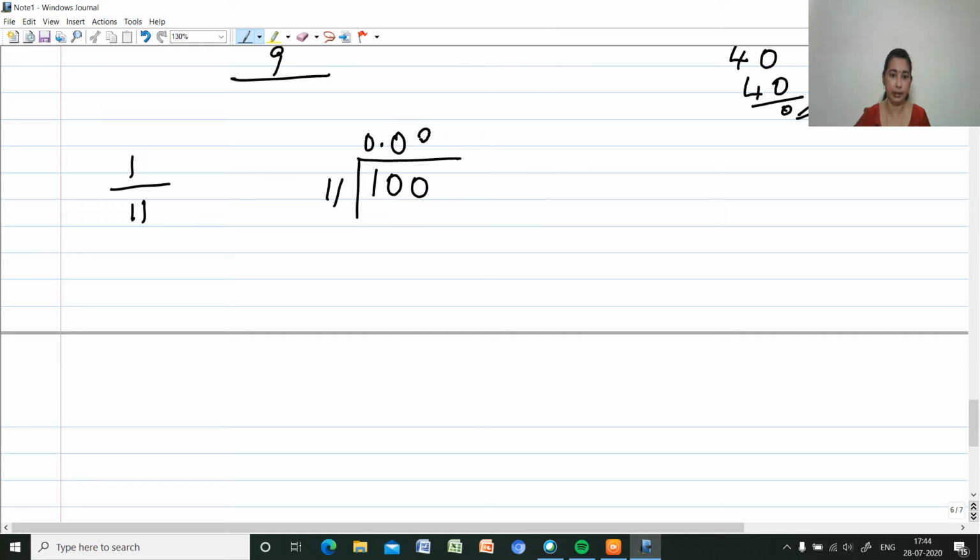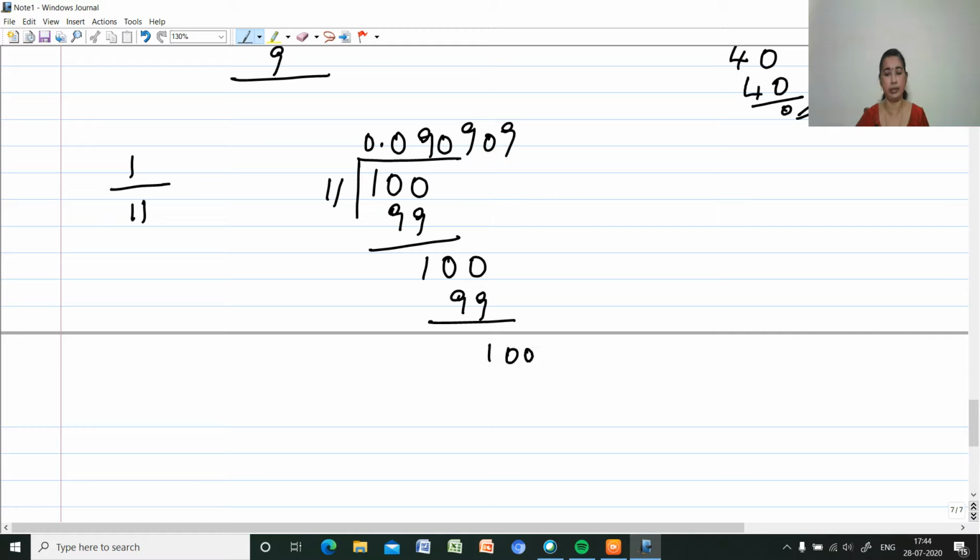So 11 9 times here. That is 99. Then remainder 1. So again if I am putting a 0, also 11, it is not divisible. So one more 0 here. Then 9 times, it is 99. It is going on like this. 0 9 0 9, it is going on like this.